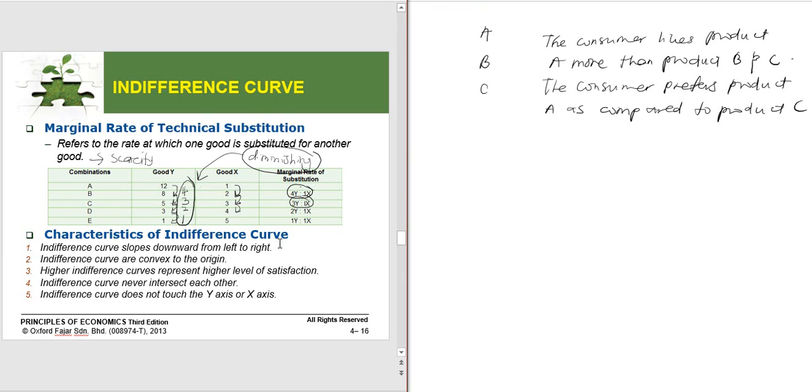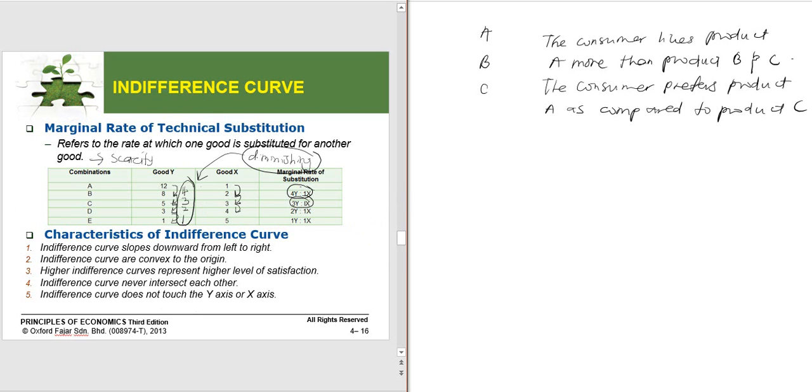When you want to consume more of good X, you have to reduce the consumption of good Y. If you want to consume more of good Y, you have to reduce the consumption of good X. That's why your indifference curve is downward sloping.